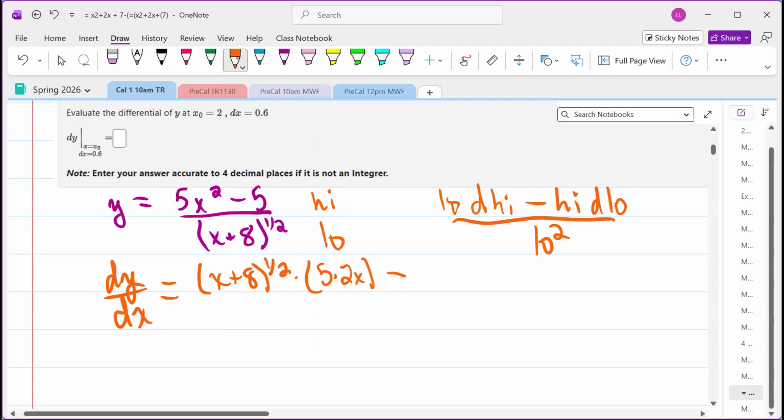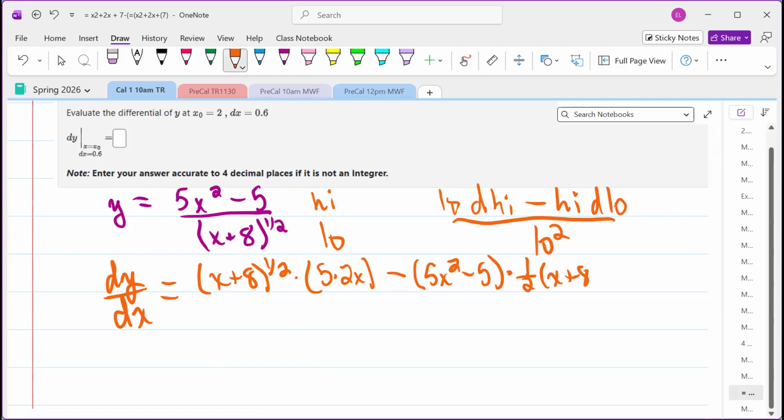Minus high, keep the 5x squared minus 5, and then the derivative of the bottom, a little bit uglier, but that is a thing to the 1/2 power, so I'm going to use my power rule. 1/2, keep the thing the same to the -1/2, and then times the derivative of the inside.